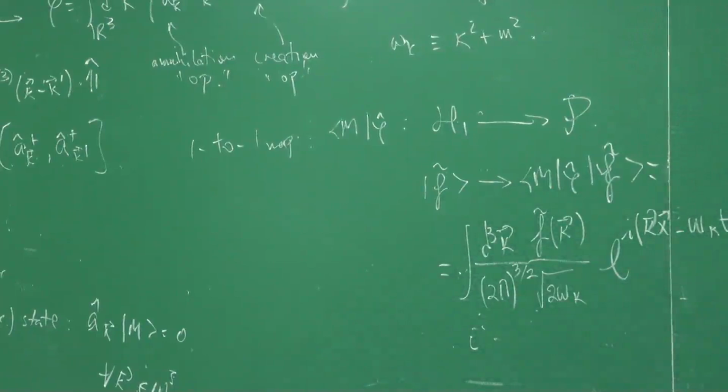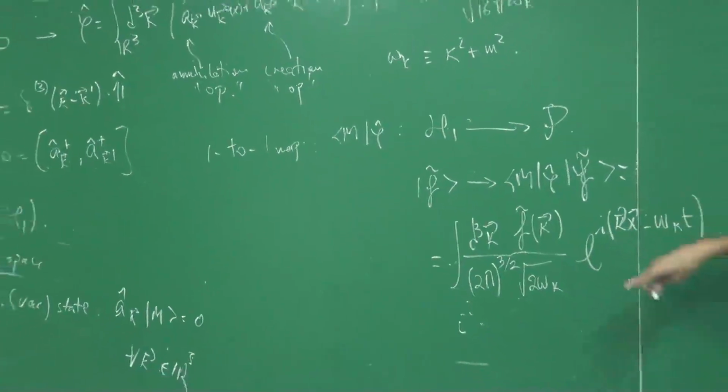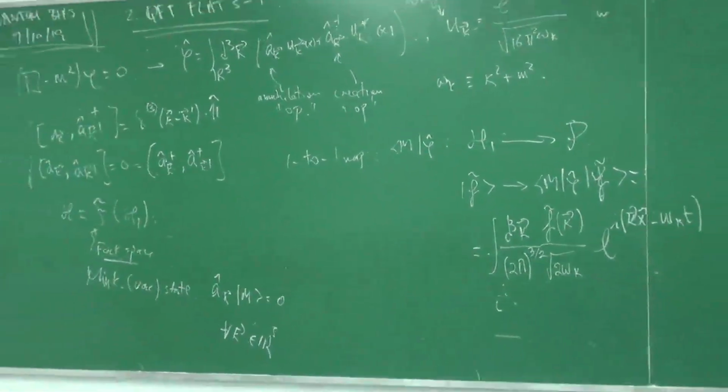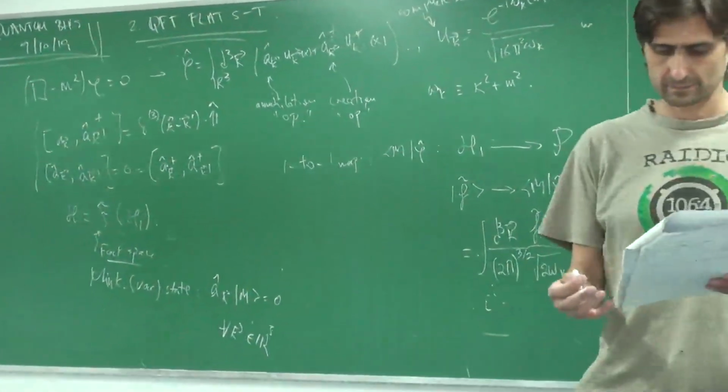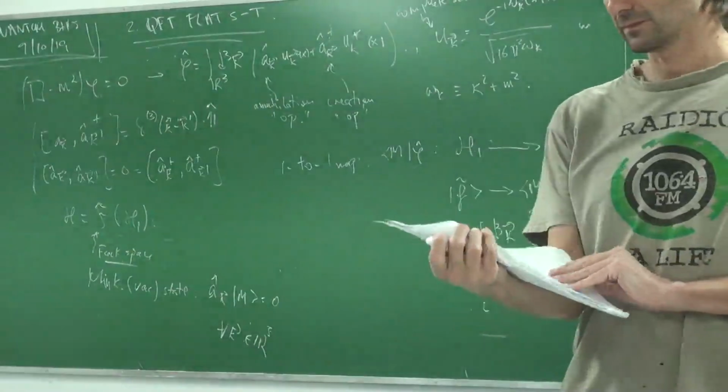So that's the one-to-one mapping between f tilde, a one particle state, and a positive frequency solution of the Klein-Gordon equation.